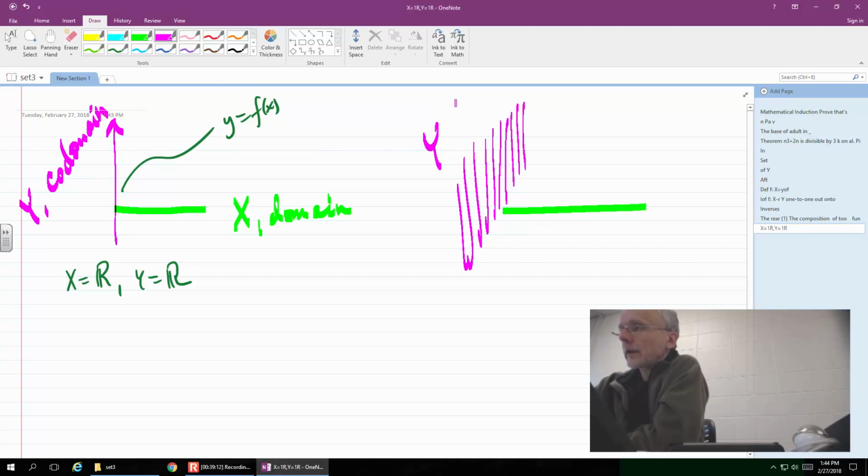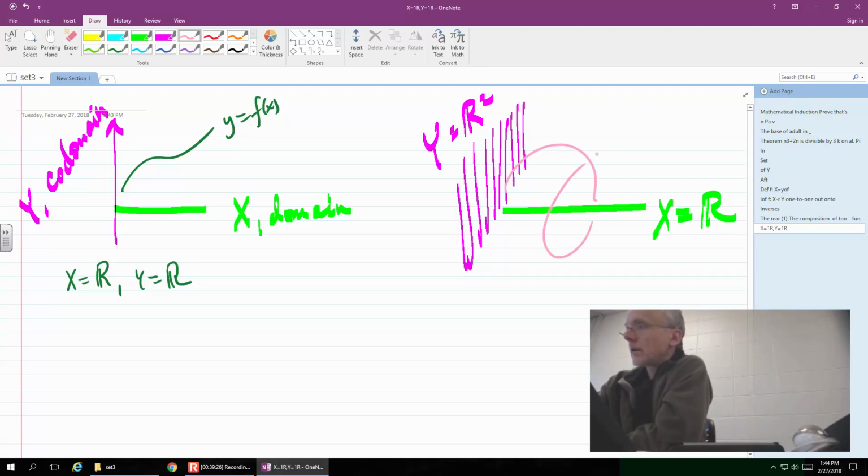So Y is a plane, while the domain X is a line. Okay, so and then you have a curve here. And this is the graph, and that's the graph over here too.